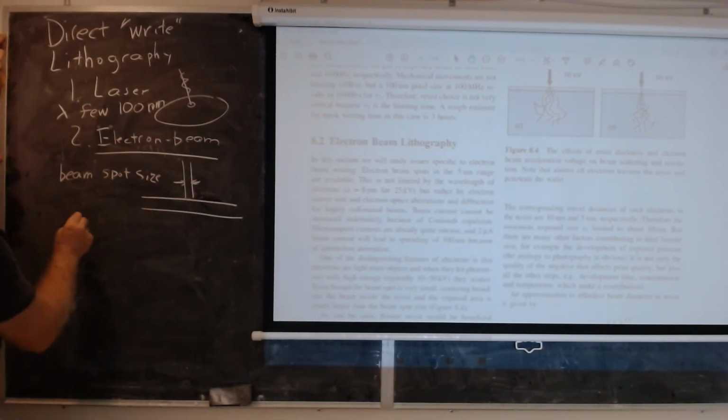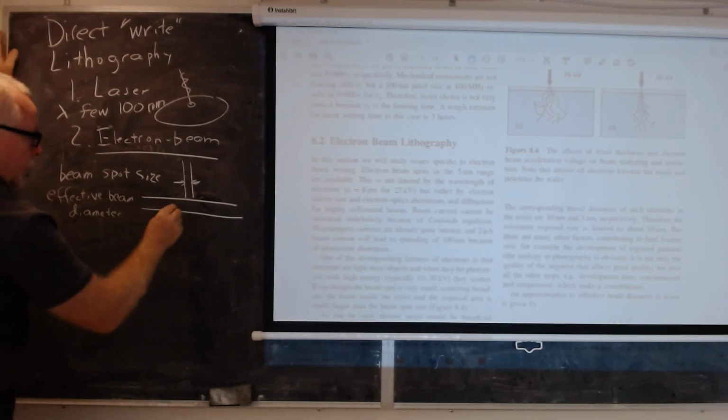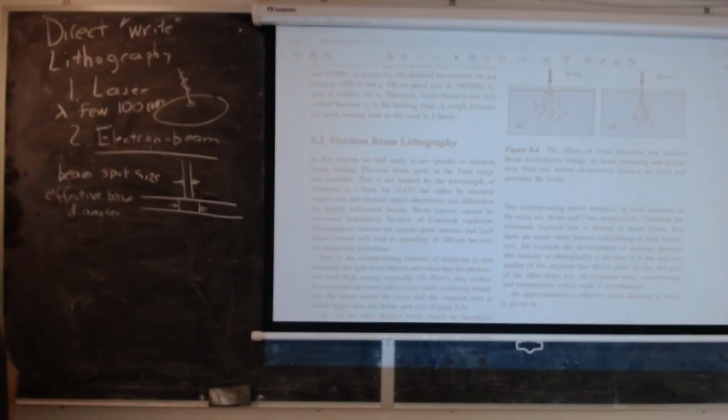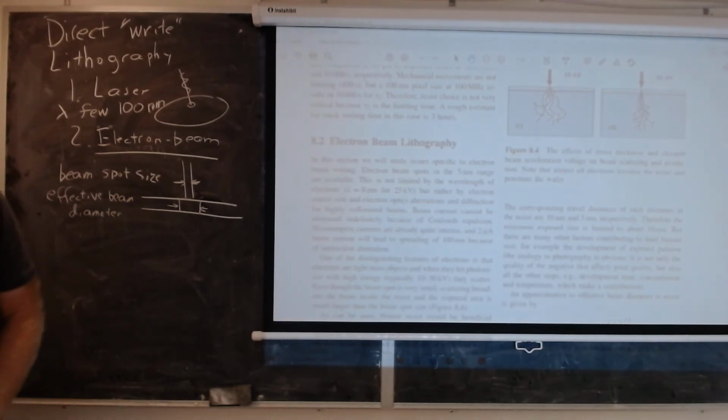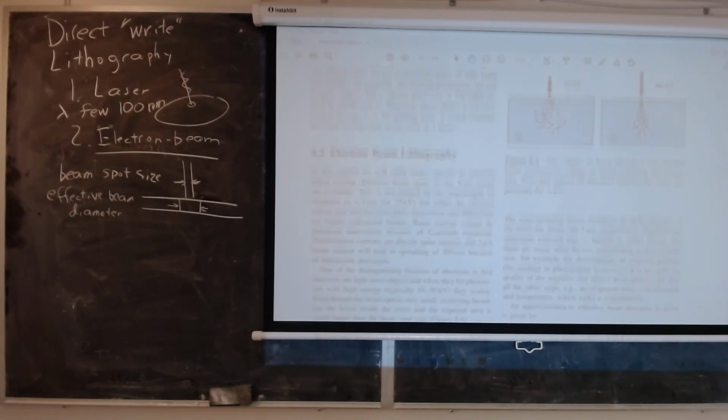But then there's an effective beam diameter, and that's wider than the beam spot size. And the reason why it's wider is given over here.